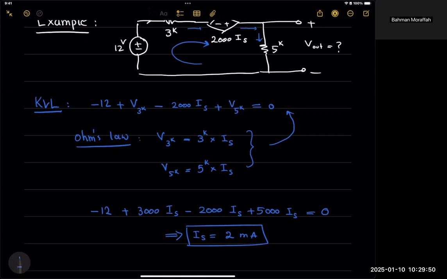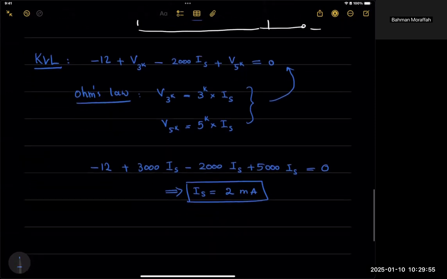But that's not the question. The question is asking me what is Vout? Well, to find Vout, I know Vout is the voltage across the 5K resistance. Because of Ohm's law, the relationship between V, R and I is Ri. So I have 5K times 2 milliamps, which is going to be 10 volts.